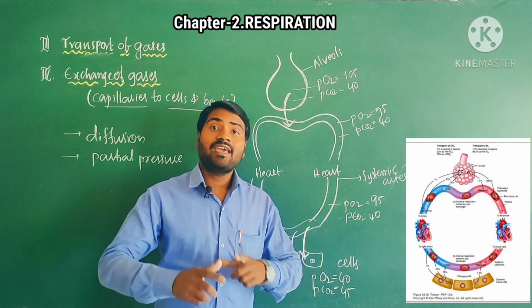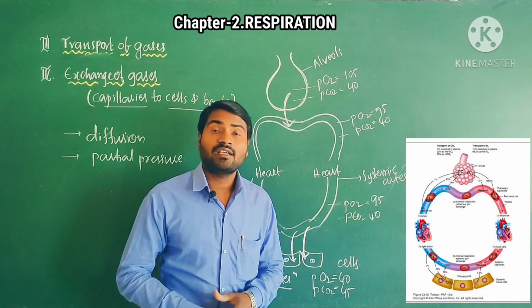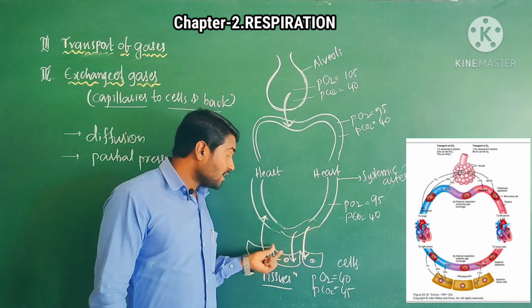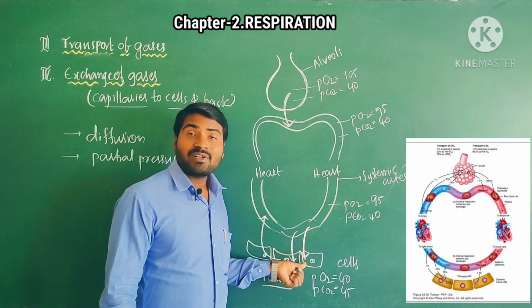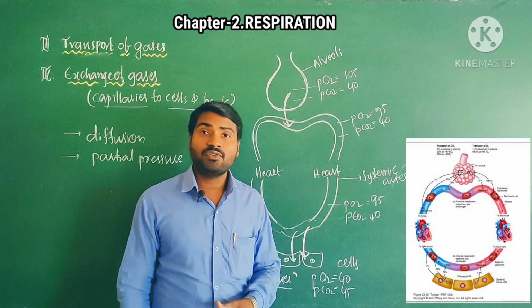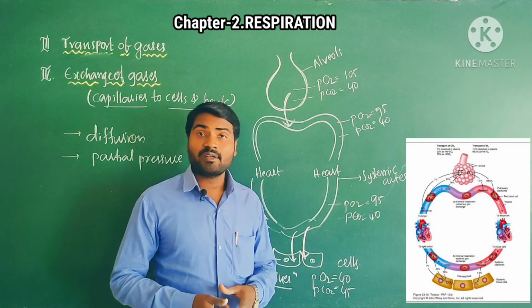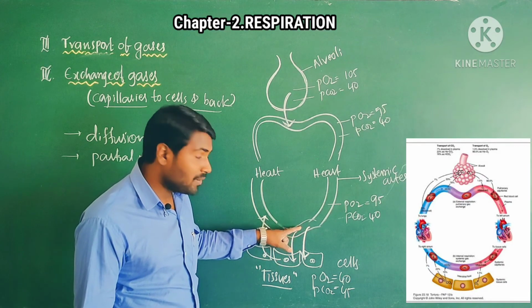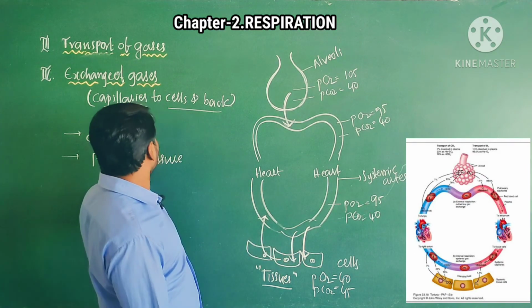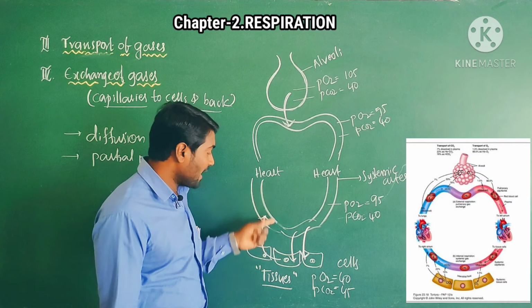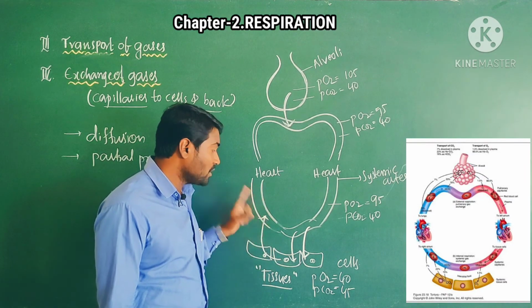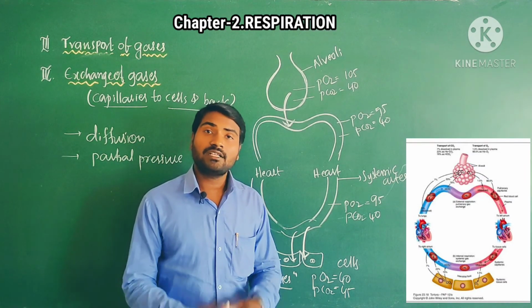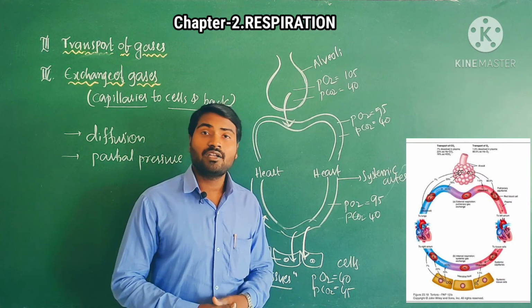So exchange of gases, especially oxygen and carbon dioxide, works on the principle called simple diffusion and partial pressure. Oxygen diffuses from the blood capillaries into the cells, and carbon dioxide from the cells diffuses into the capillaries.